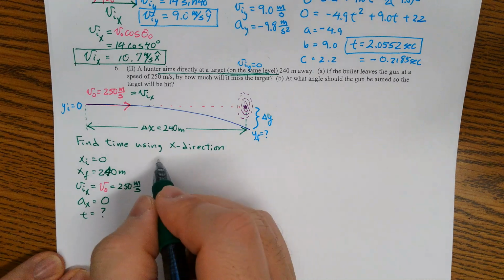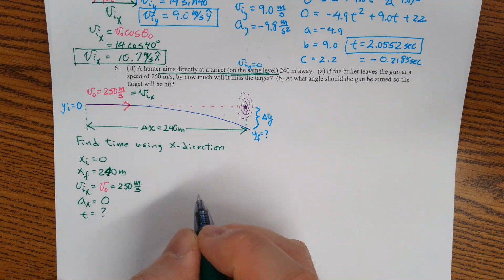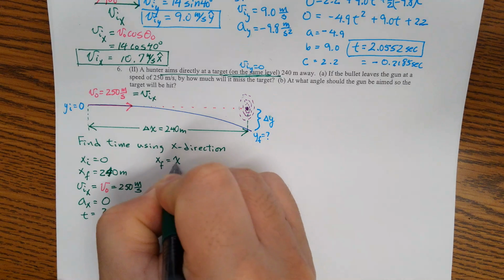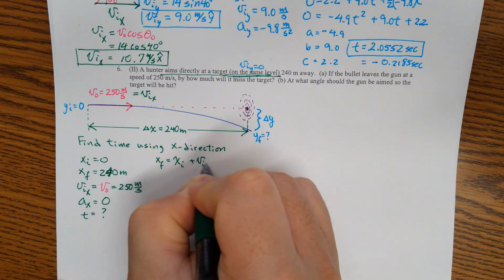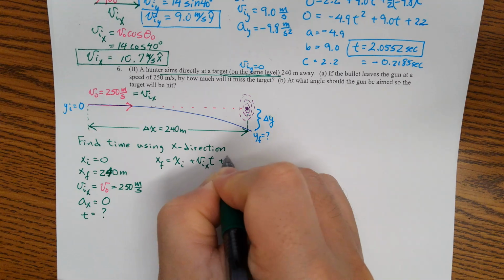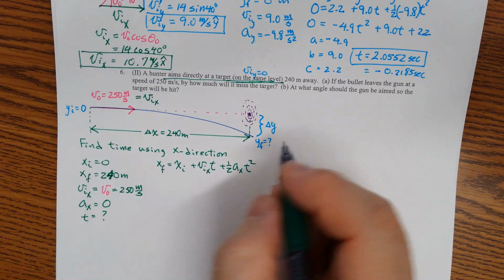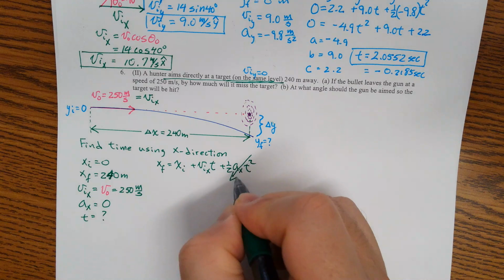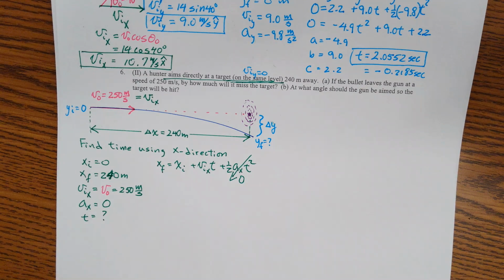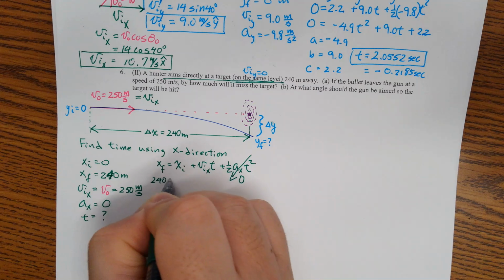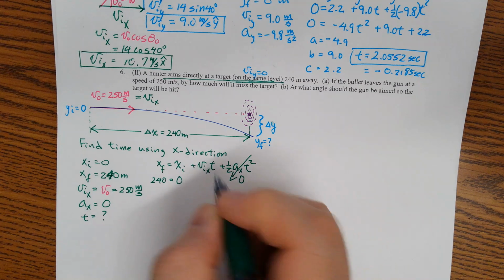To find time, I think we can use x final equals x initial plus v_ix t plus 1/2 a sub x t squared. We all know a sub x is 0, so the whole term drops out to 0. Your x final, 240. Your x initial, 0.